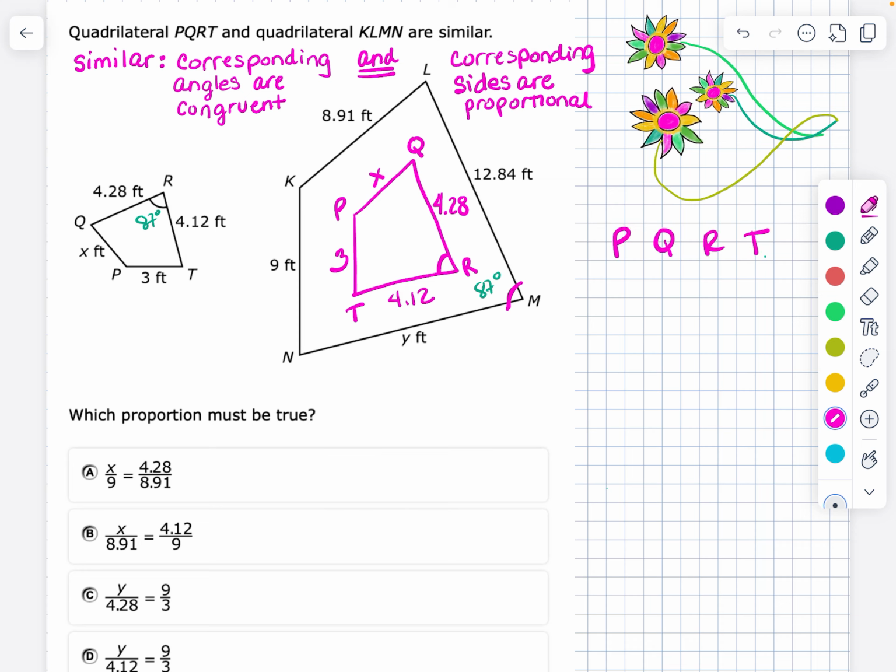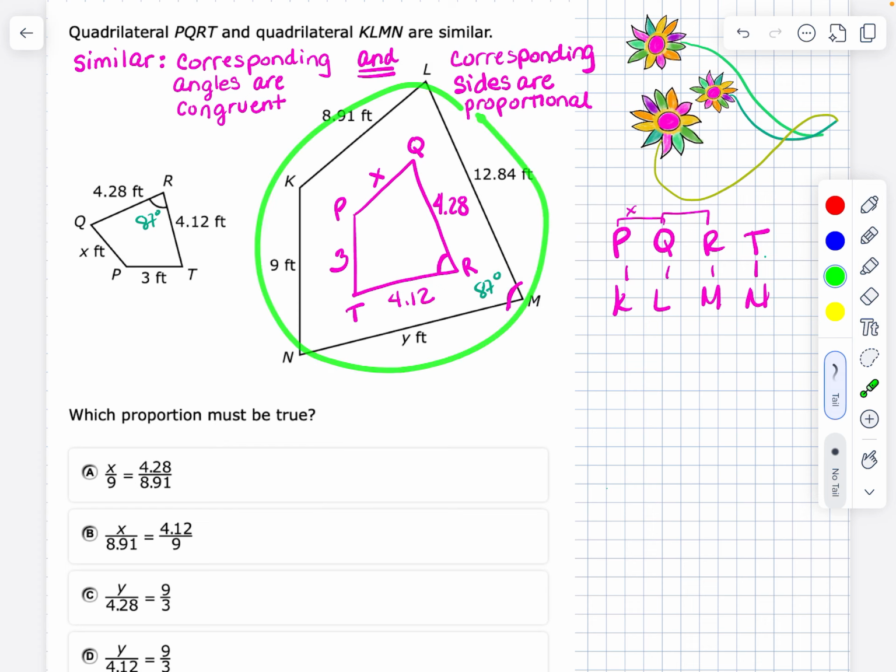PQRT, and that's K, L, M, N, and that means each of these angles are equal to each other. And then you could even say, oh, okay, P to Q is X, and then Q to R is, whatever, 4.28, and go from there, and then use that to compare all your numbers. But for now, let's go ahead and just use this right here, and let's look at our answers.